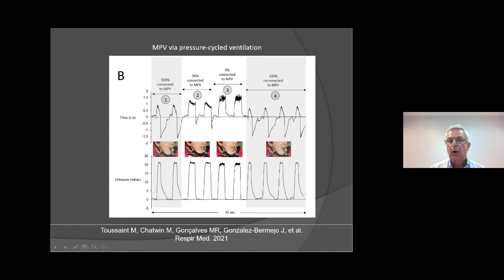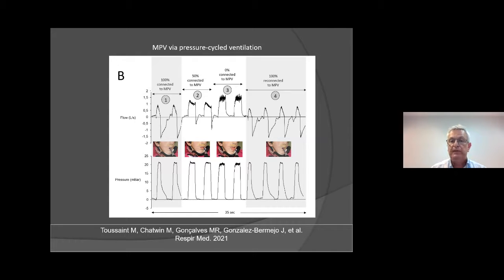And here, point 3, you see that the patient is not connected at all. There is zero connection, so 100% of leaks. And at that time, you see clearly that there is a huge flow compensation. And this flow compensation coming in the direction of the face of the patient is not comfortable.